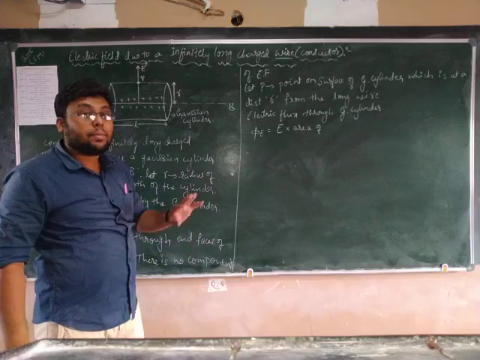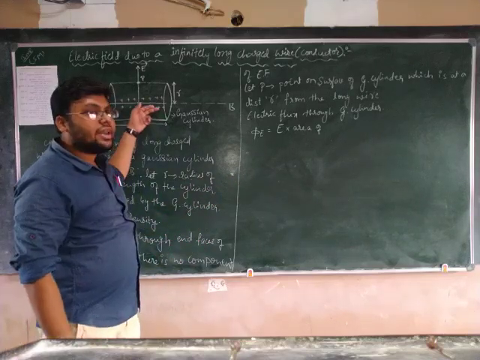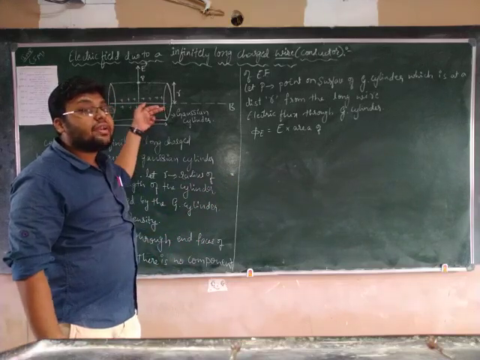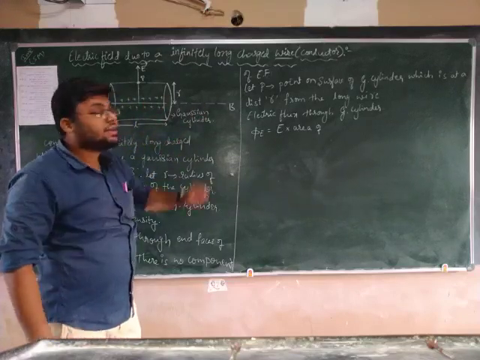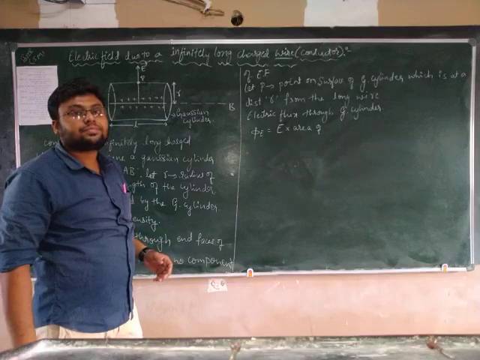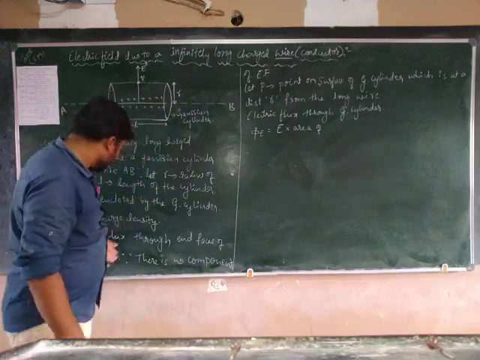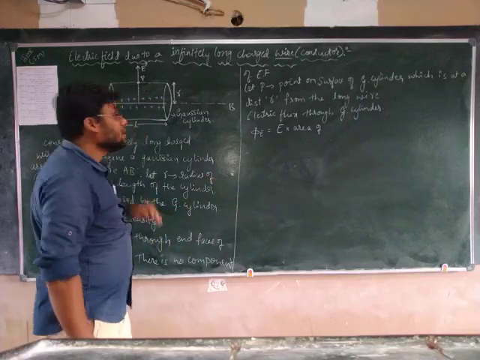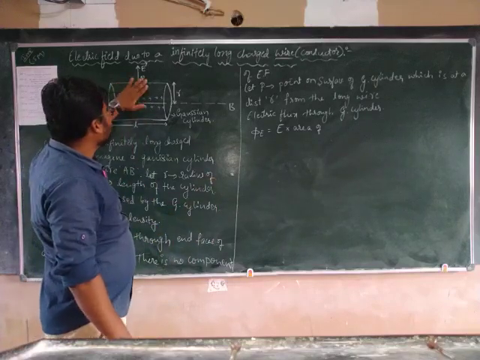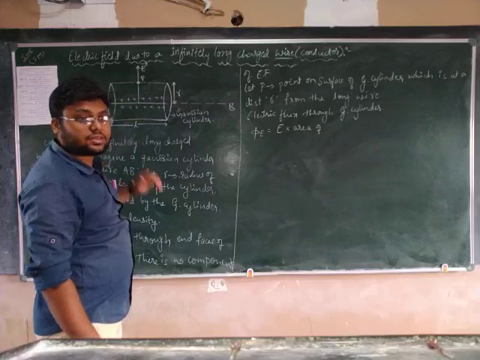I need to write, but here we are not going to have any electric flux through the end face of the cylinder. Field flux lines are not coming out. Okay, so already we have said this point, right? Then flux only through the curved surface.